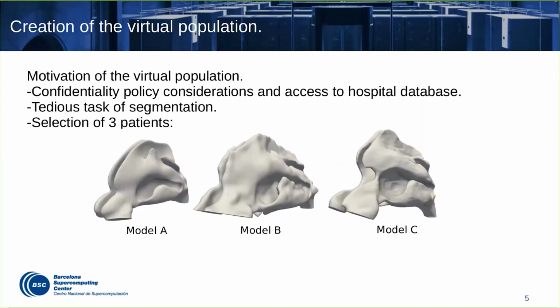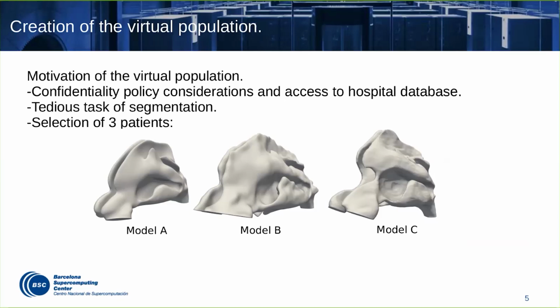As you know, to create a machine learning model, you need a decent size of data set, and we need geometry of patients. But it's complicated to obtain a lot of geometry of patients for many reasons. One is confidentiality policy considerations in some hospitals, then also the access to the hospital database. Then on top of that, you have a more complex layer, which is the tedious task of the segmentation.